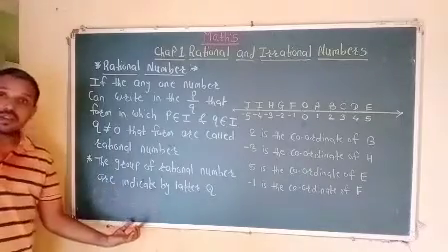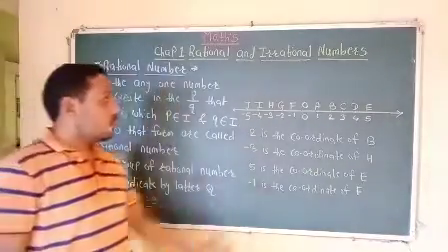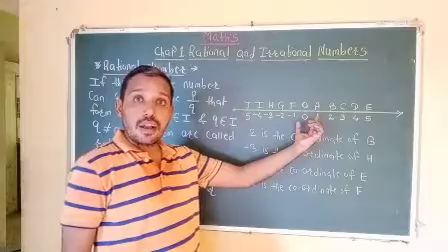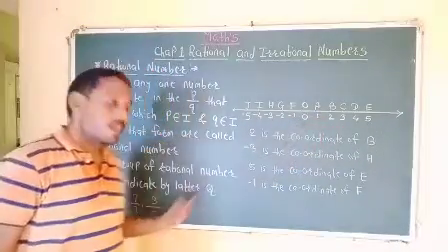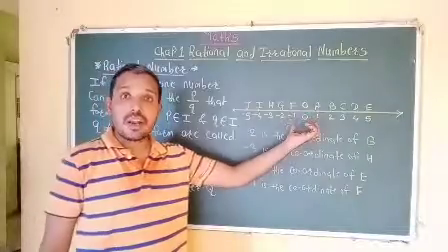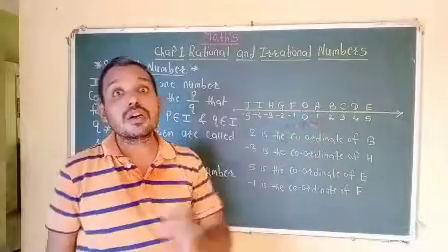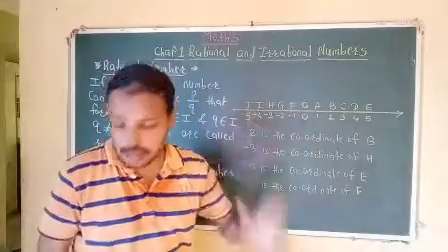These are rational numbers, and we can indicate them on the number line. How can we indicate them? Yes, we can indicate these rational numbers on the number line by using a simple method.